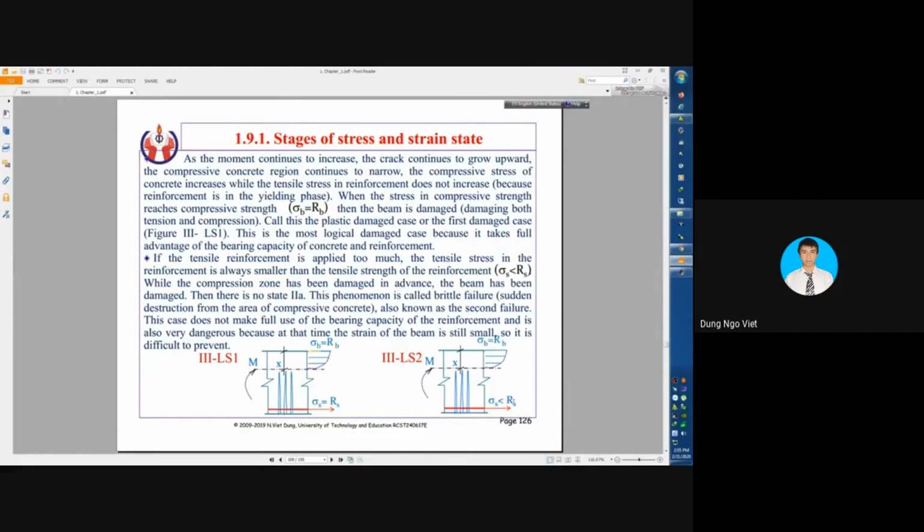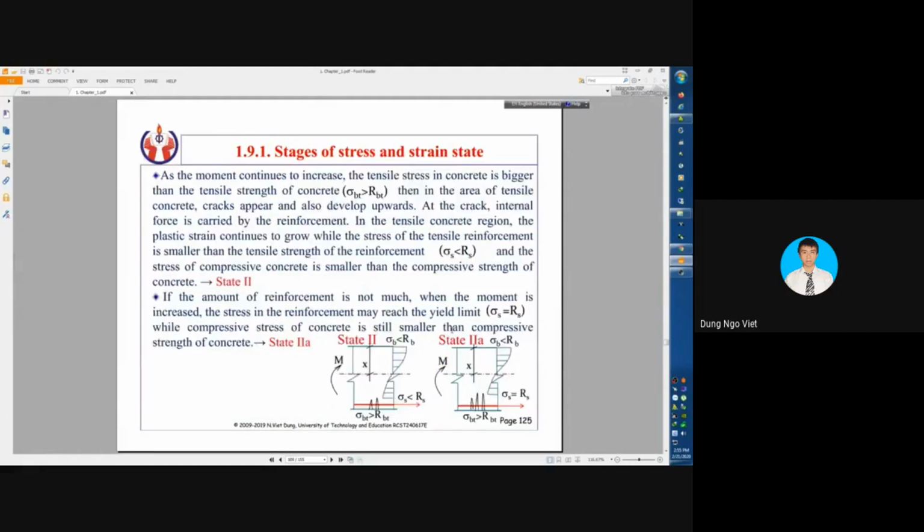While the compressive zone has been damaged in advance, the beam has been damaged, and there is no stage 2A.